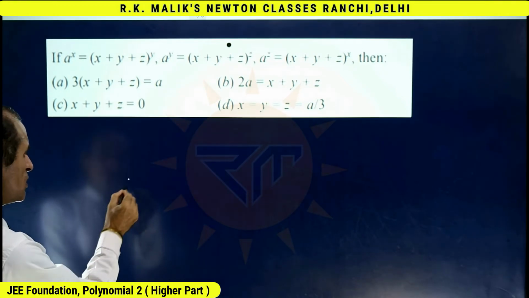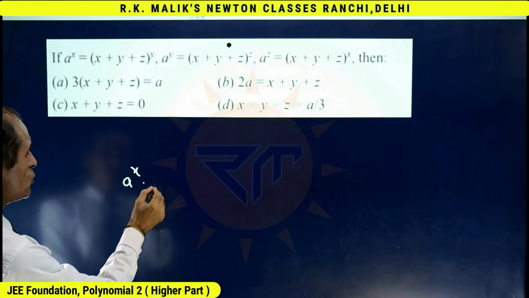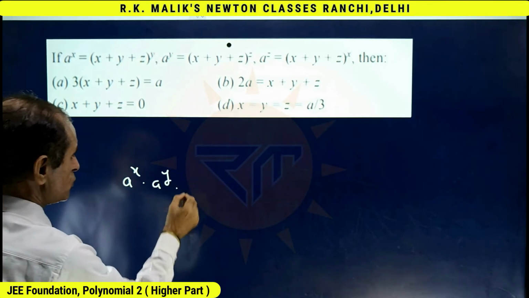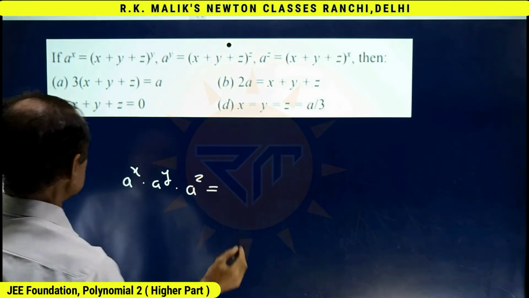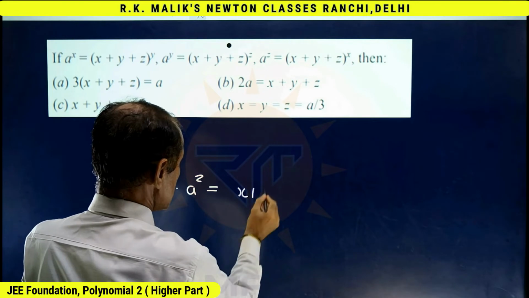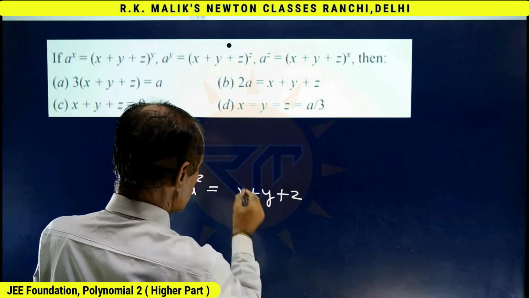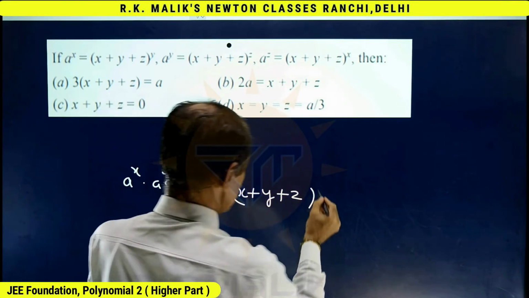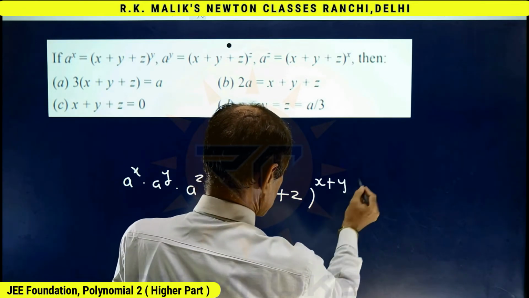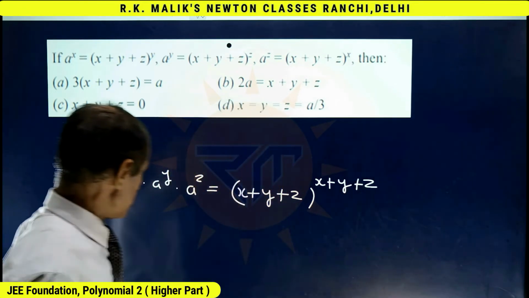The normal way of doing this question will be, to reach the correct option, I multiply all the three. I will get a to the power x into a to the power y into a to the power z is equal to (x plus y plus z) whole to the power z.